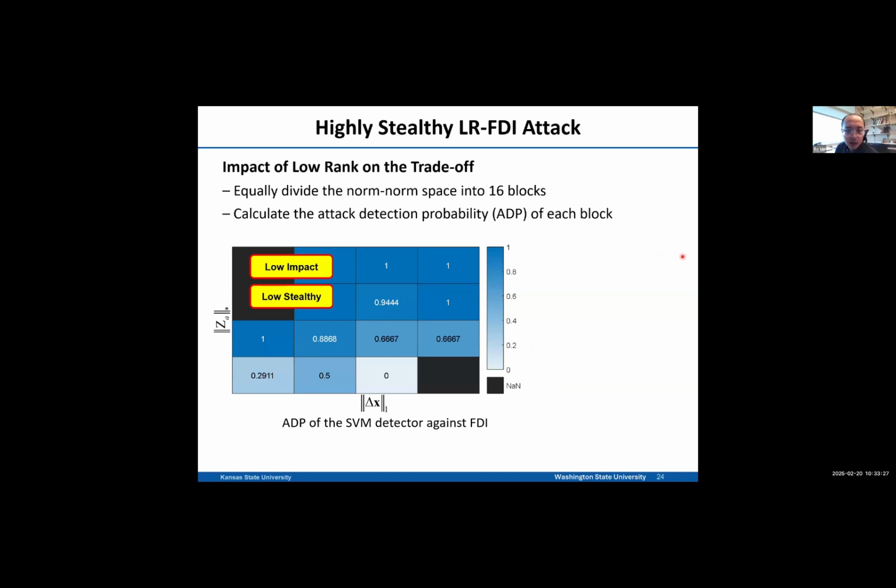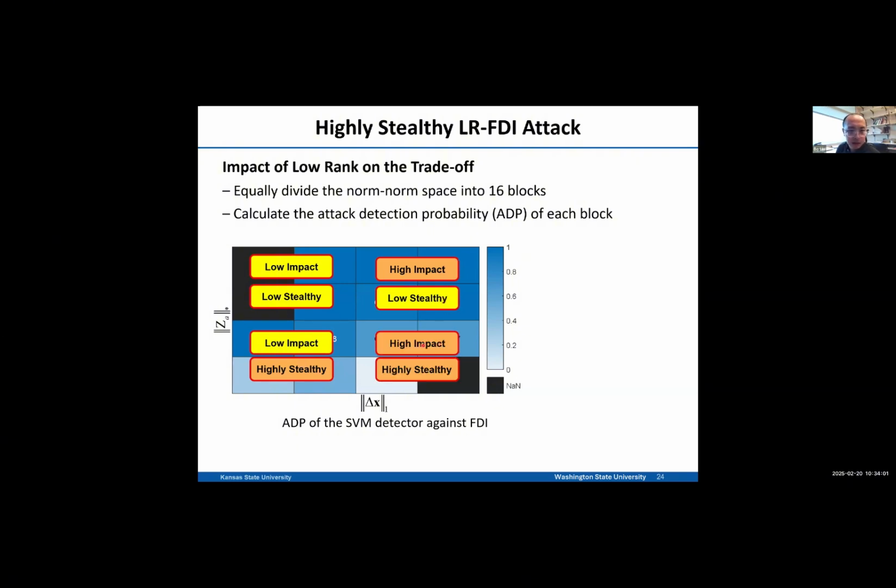We can see that the upper left corner has a high ADP value but a low delta X value, so an attack falling into this area has low impact and low stealthiness. In the lower left corner, the ADP is lower, so an attack in this area has low impact and high stealthiness. Similarly, in the upper right corner, an attack has high impact but low stealthiness. And the lower right corner has high impact and high stealthiness, because the ADP is low and the delta X value is high.